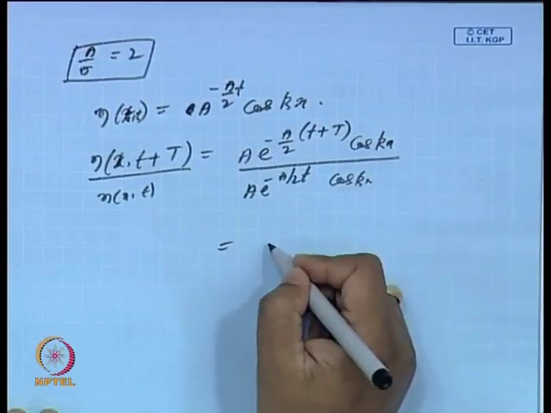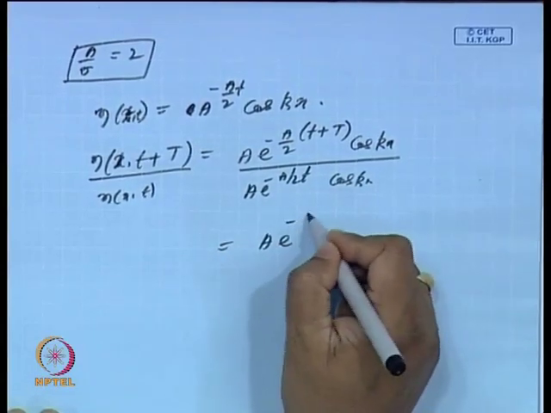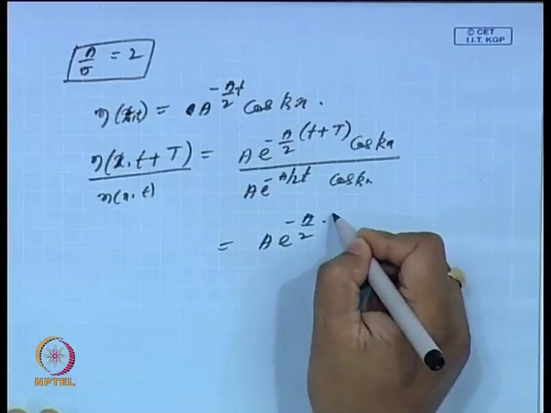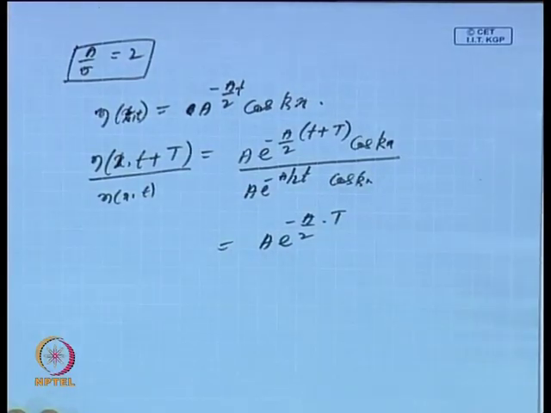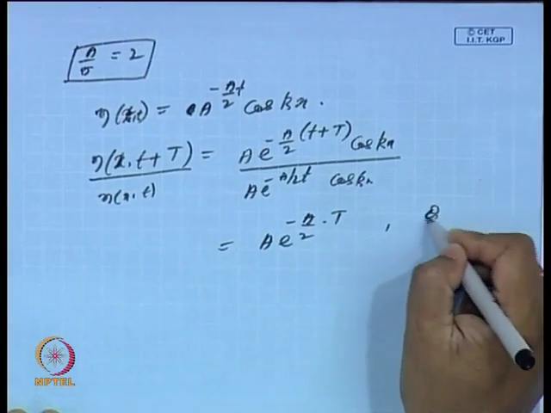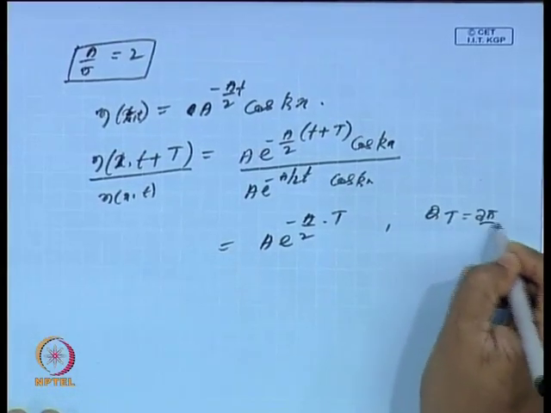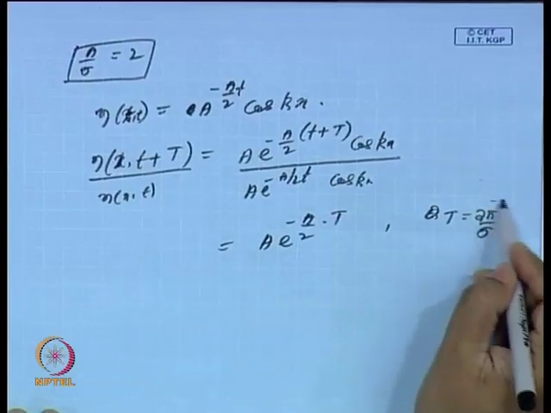And that gives me e to the power minus a/2 T, and T is 2 pi by sigma, this is the period.